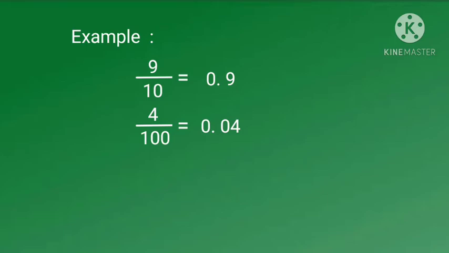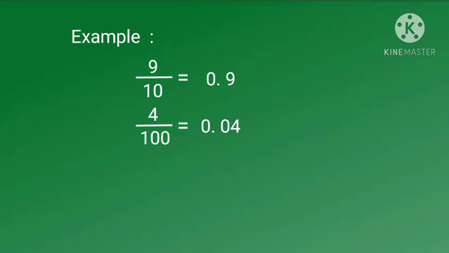First we write the numerator, that is 9. Then put the decimal, leaving as many places as the number of zeros, that is 1. So it is written as 0.9.